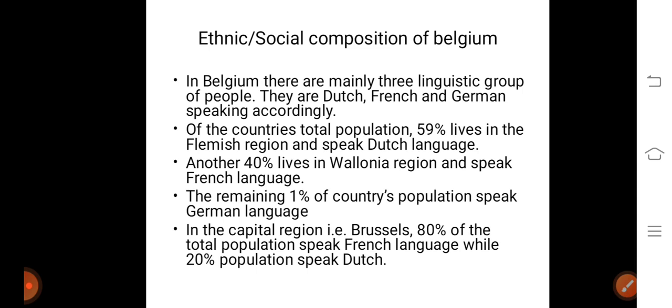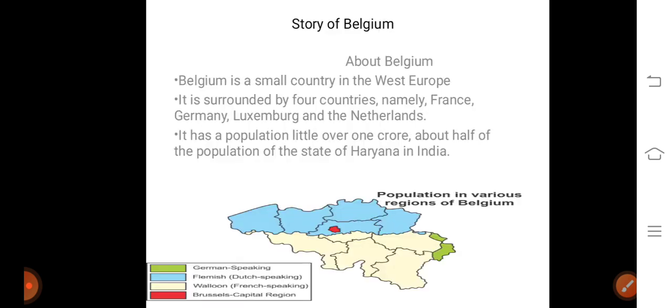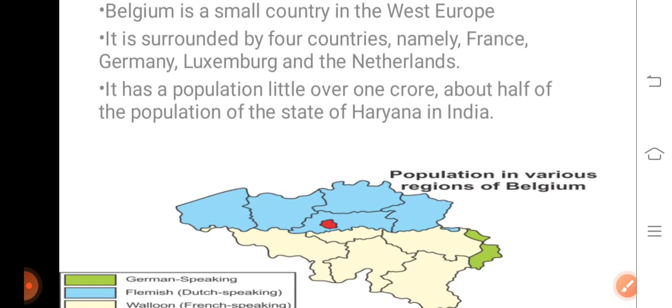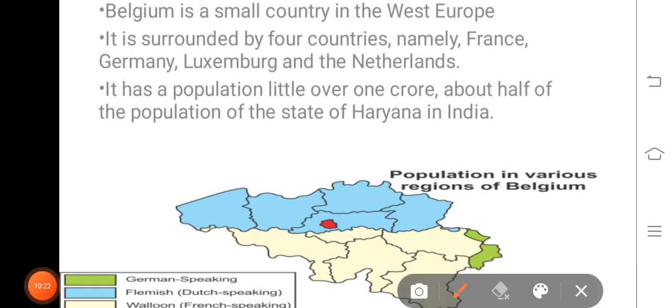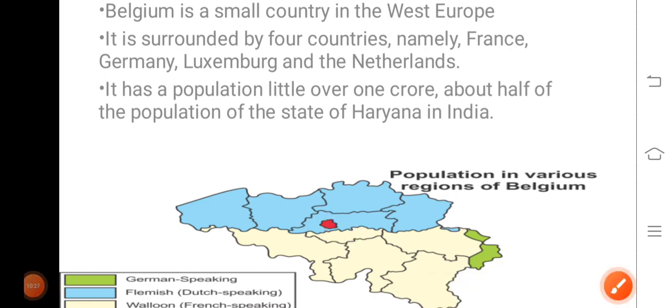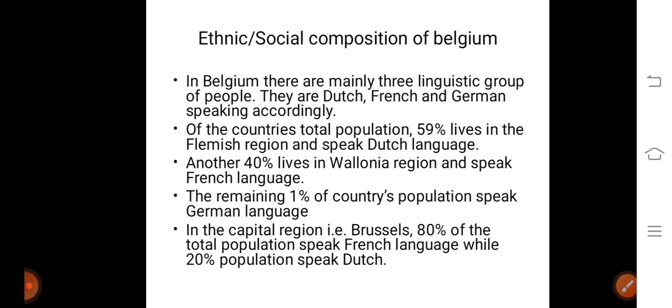Moreover, we have the capital region. Again I would like to show you the map of Belgium. Here in the red color you can see the capital region, and in the capital region Brussels, the population composition is something different. 80% of the total population speak the French language, while 20% speak Dutch.